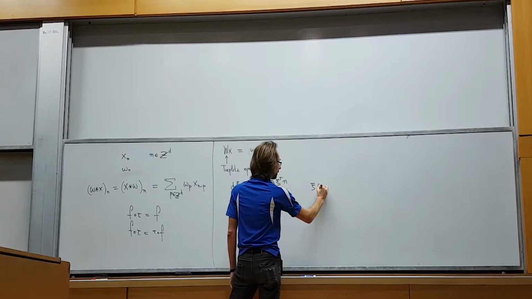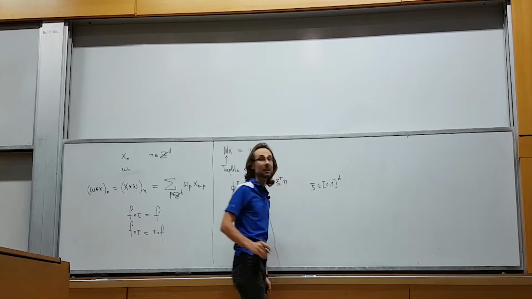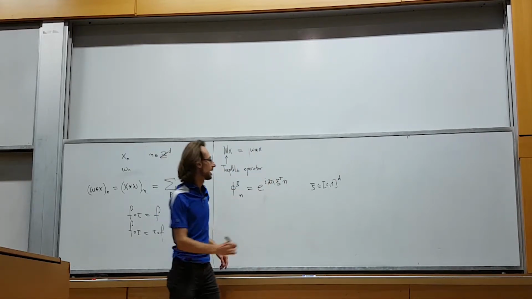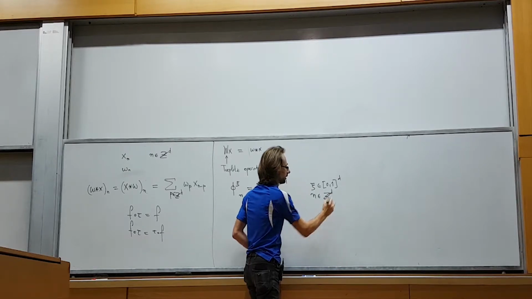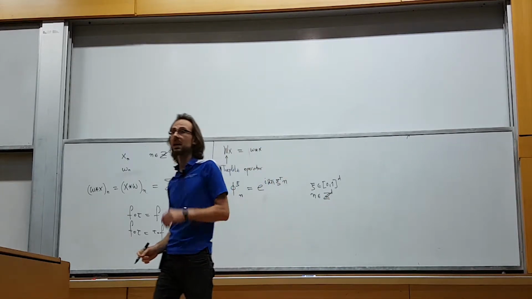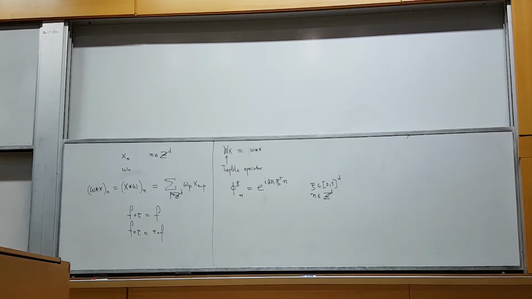Psi is a parameter in the space [0,1] to the power d, where d is the dimension of this domain. Of course, n belongs to Z to the power d. We'll call psi the frequency, and think of n as the time or space argument, depending on what this signal represents.